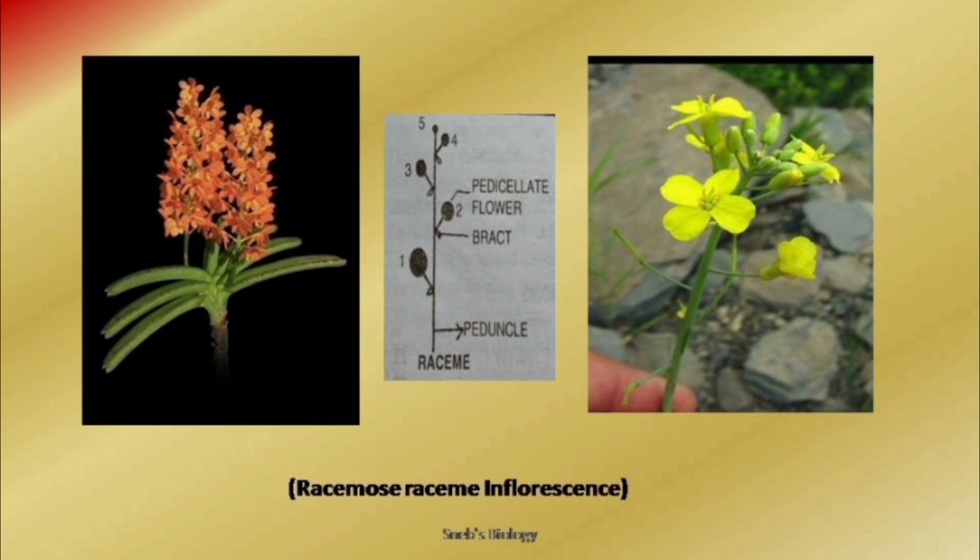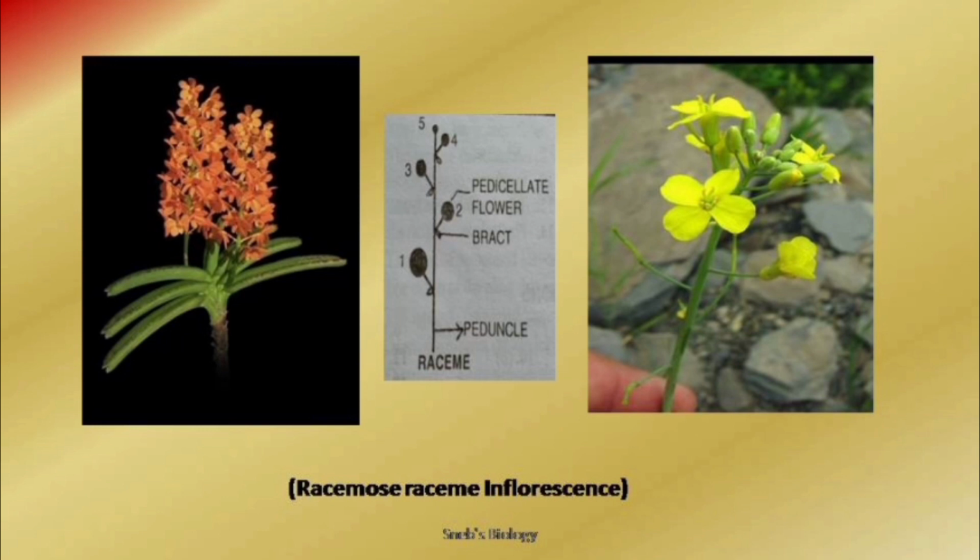So the flowers are pedicellate, that means with stalk, and the flowers are bisexual, arranged in acropetal manner. So this is a typical racemose inflorescence, and this type is known as raceme. Every flower has its own stalk. The arrangement is acropetal, and the central axis, which is monopodial, is known as the peduncle.